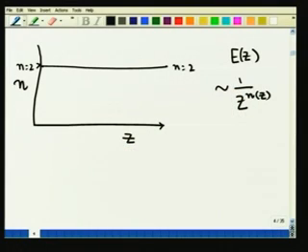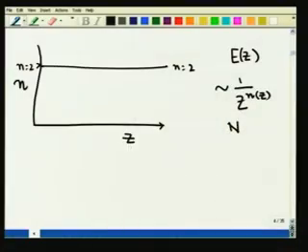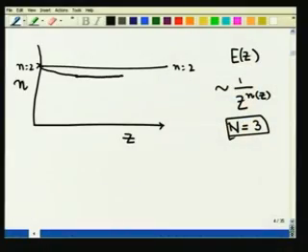So if I had only 3 charges on this line, which I will illustrate by putting a capital N, so suppose N equal to 3, that is, I have put 3 charges on the line L, then your curve would have gone something like this. It will remain very close to the value of n equal to 2. It will dip a little bit and again reach the asymptotic value.